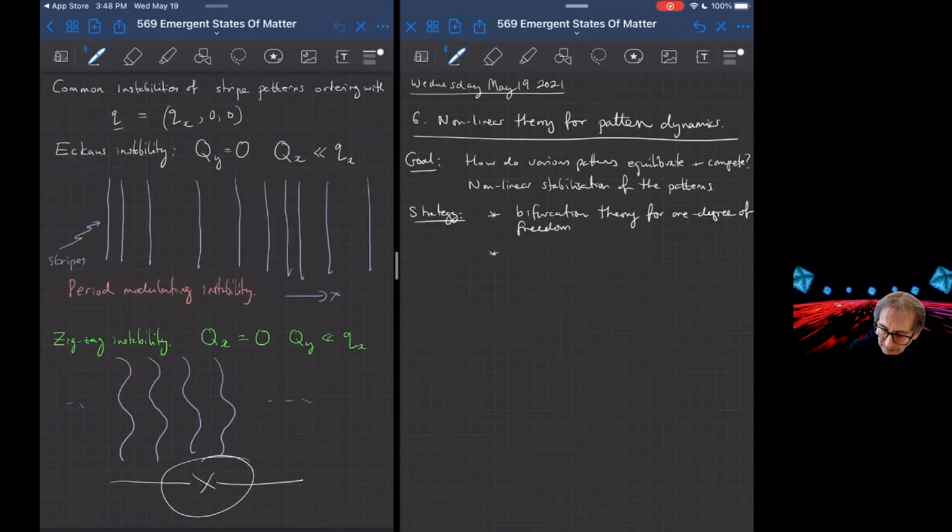And then couple the order parameter, if you like, at different points in space by some trickery using the linear stability analysis.